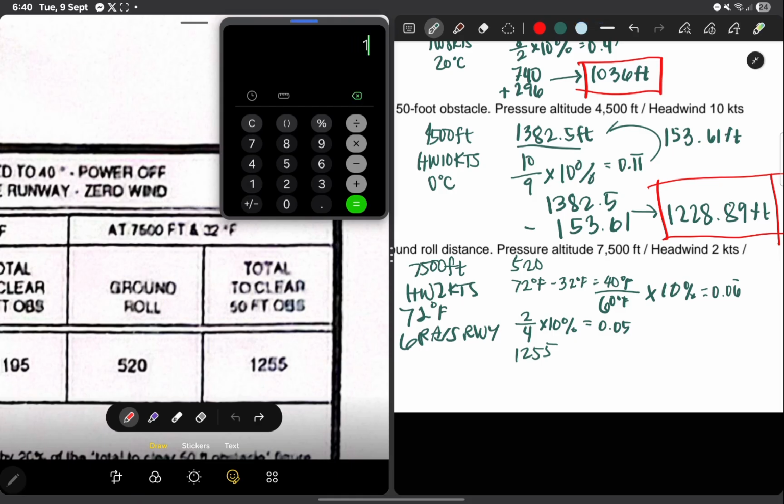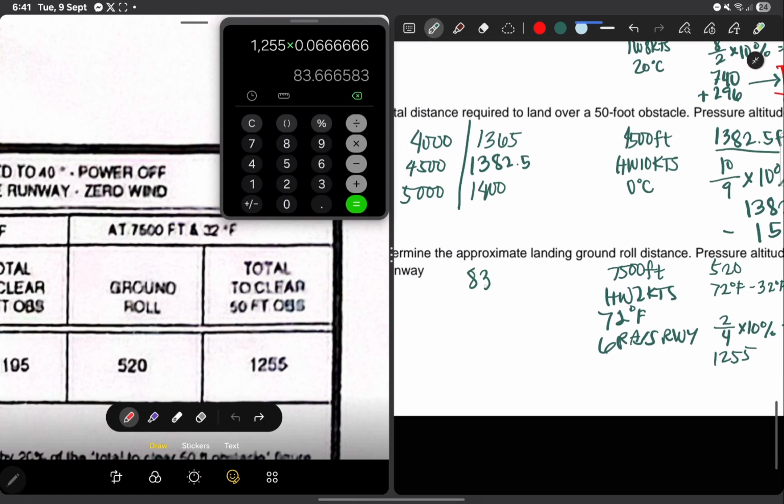So 1255 multiplied by 0.06 will be 83.66.